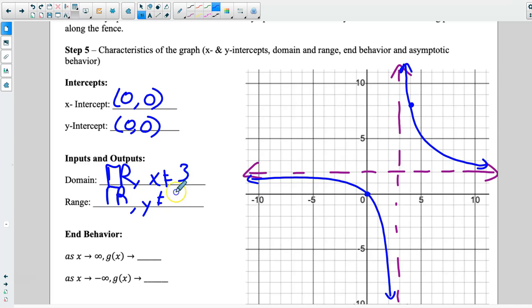And as we shoot off to the window over here, as we're going to the right, what number am I getting really close to? What height am I getting really close to?